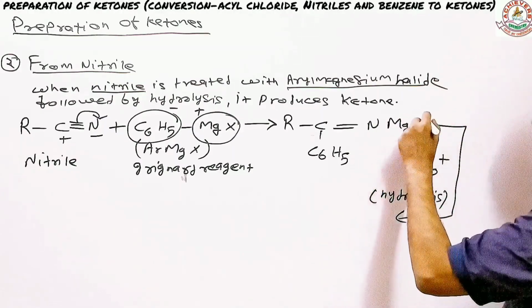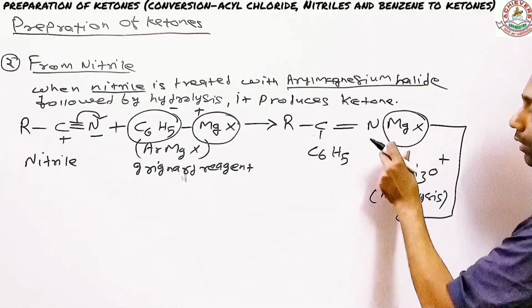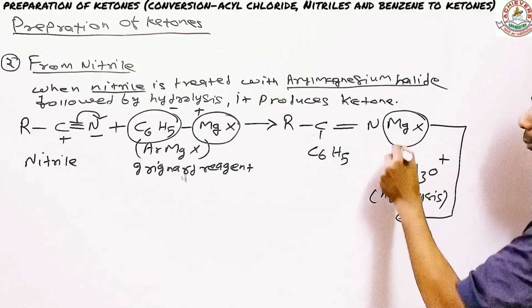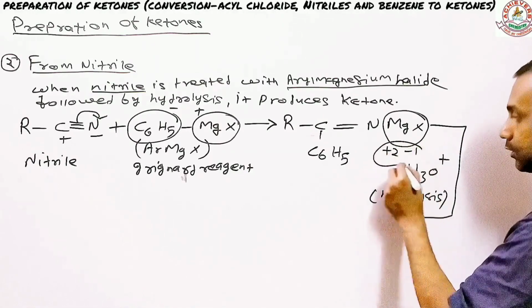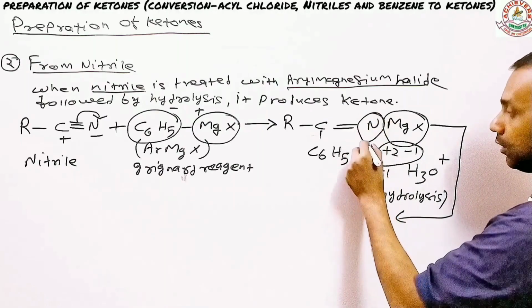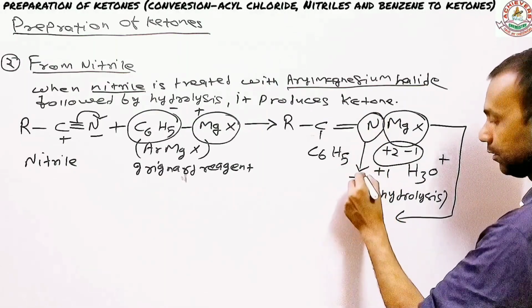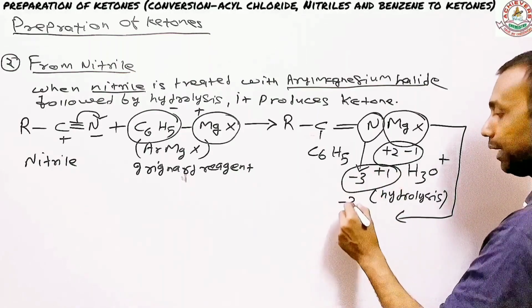Just concentrate here. Magnesium halide has an overall positive charge. In case you want more detail, magnesium has a +2, halogen has a -1, so overall this comes out to be +1. Nitrogen has a -3. So if you consider both, this is going to be a -2.